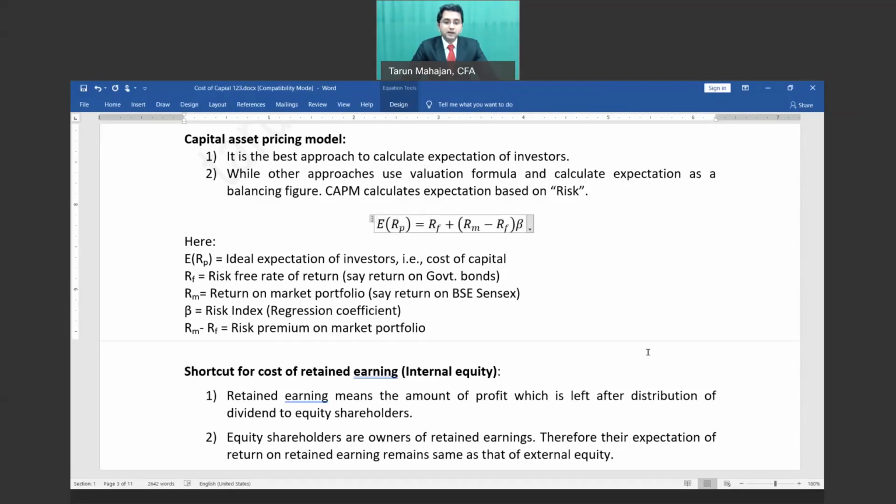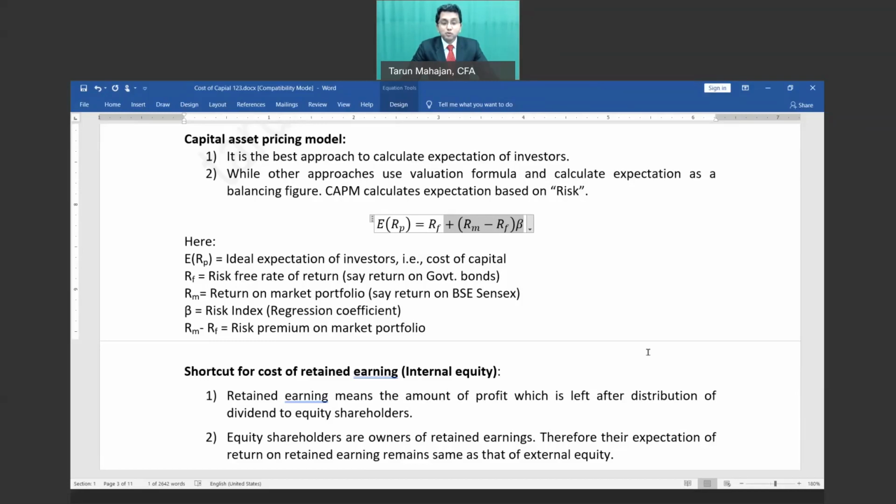So your expectation from any investment is the minimum risk-free rate of return plus what you wish as risk premium. And the risk premium is equal to the risk premium on market portfolio, that is RM minus RF. Look here, RM is market return, RF is risk-free rate of return, RM minus RF is the risk premium on market portfolio, and this should be multiplied by beta, which is the risk index.